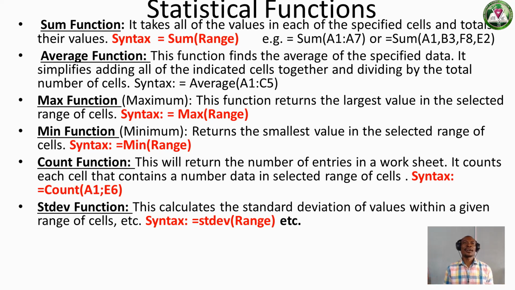That means if you have a cell range that you want to find their average, the syntax is just equal to average. You put your bracket A1 colon maybe A5 or B5 or C, depending on the cell range. You strike your enter key and the average will be displayed.